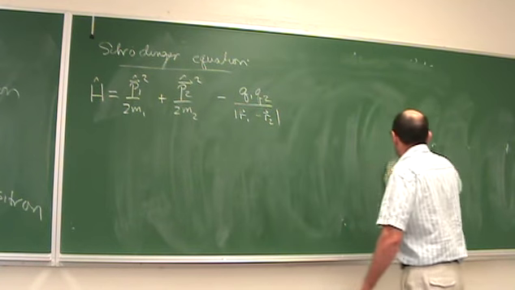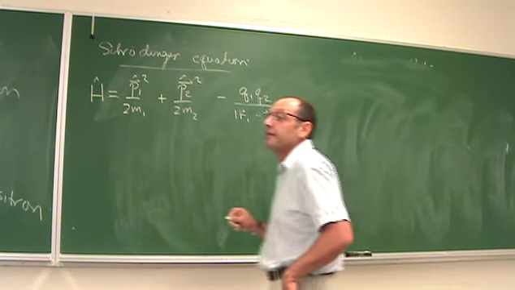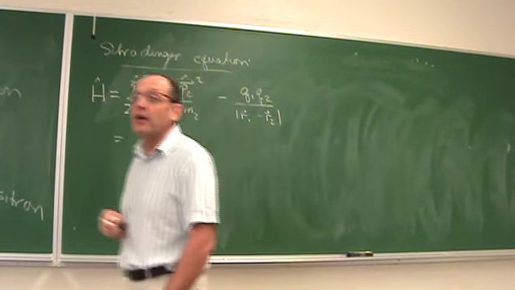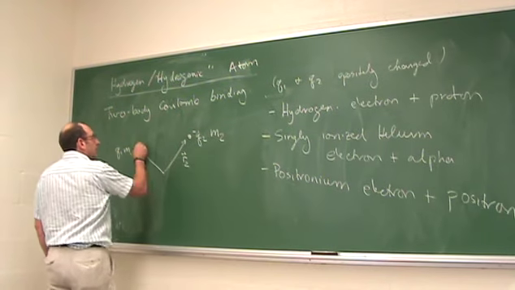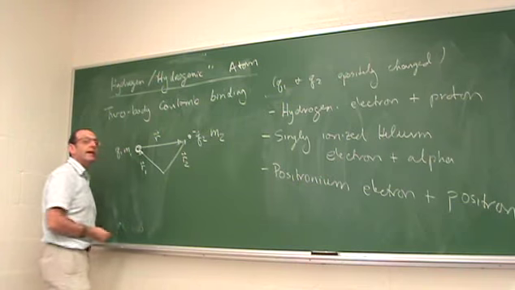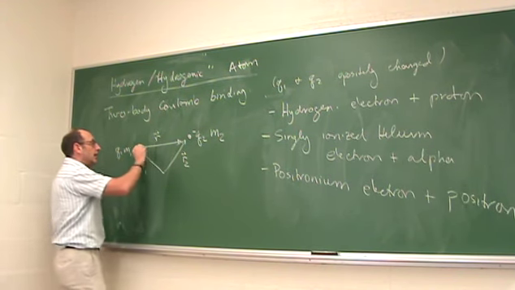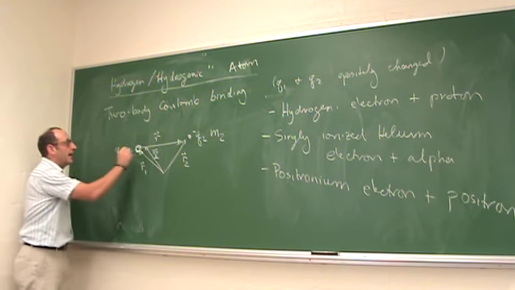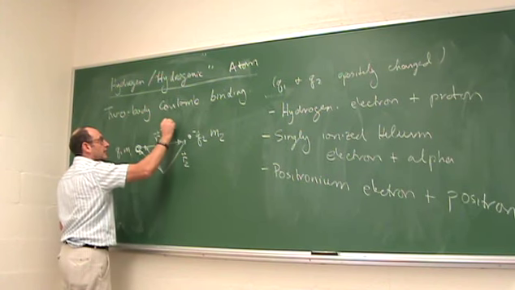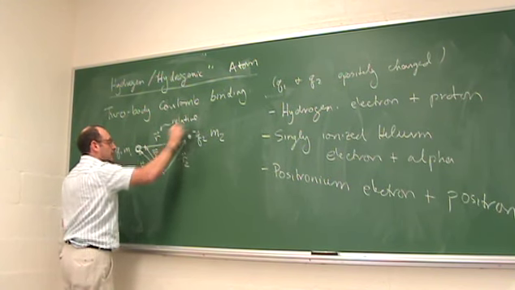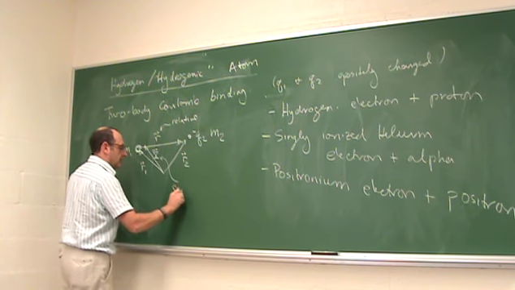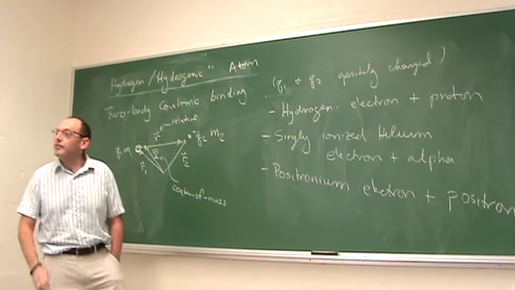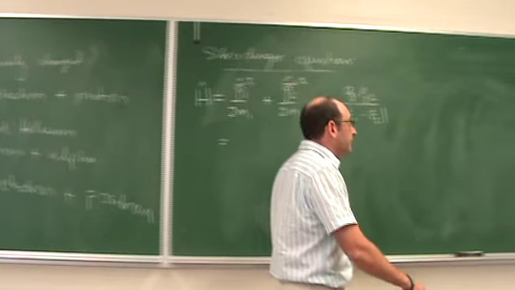And then, of course, as we know, we can separate this by going to center of mass and relative coordinates. So this is the relative coordinate between particle 1 and particle 2, and this is the center of mass of that two-particle system.